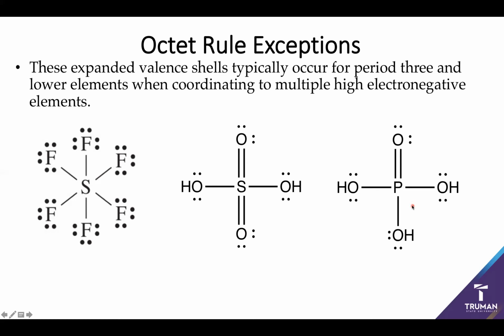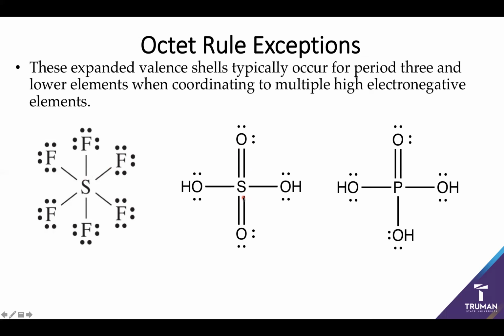Now, it is worth noting that one of the things that makes this octet rule exception a little easier is that when we're dealing with these heavy elements, they're typically going to break the octet rule when they need to coordinate to multiple highly electronegative elements. A good way to think about it is if I'm dealing with, say, sulfur bound to fluorine or oxygen, then oxygen is going to want those electrons a fair bit of the time.